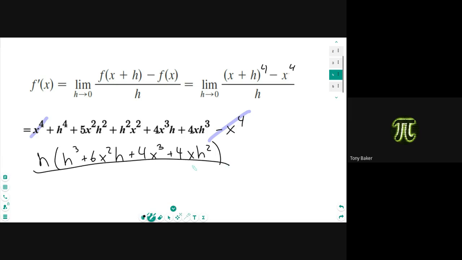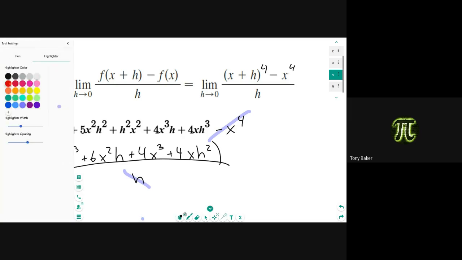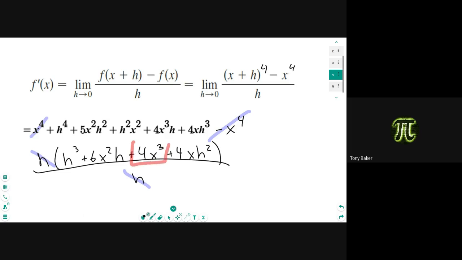And if I had that all over h, the h's are now going to cancel out, correct? We are doing the limit as h goes to 0. So all the h's that are left are now going to become zeros, correct? What's the only thing left? 4x to the third is the only thing left.